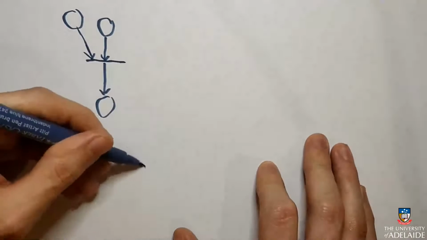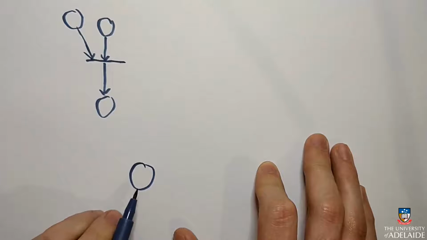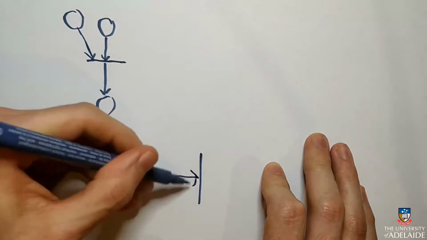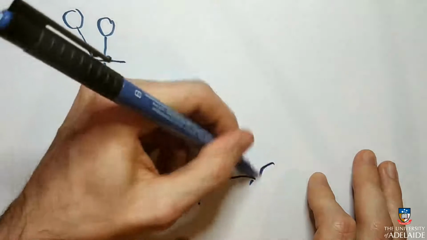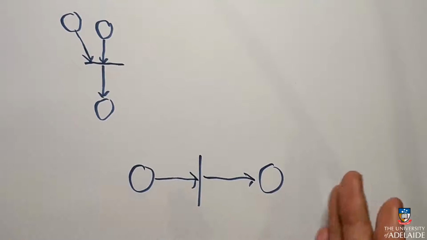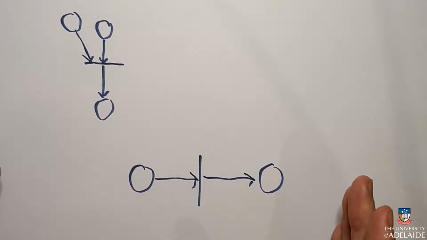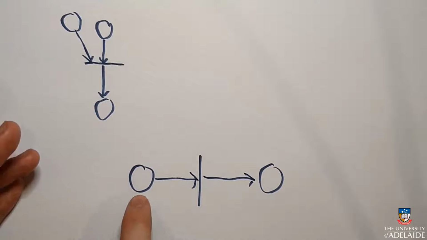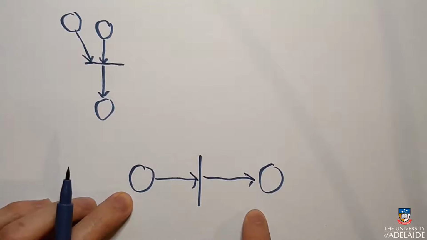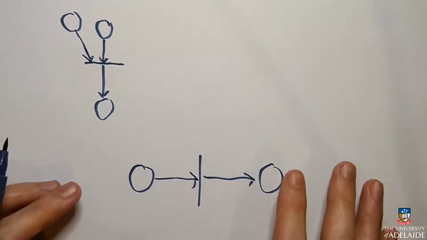If this place represents one section of track and this place here represents another section of track, this by itself doesn't do anything, because you have to somehow get a token into this place in order to enable this transition to occur.